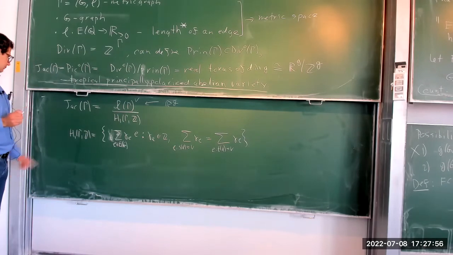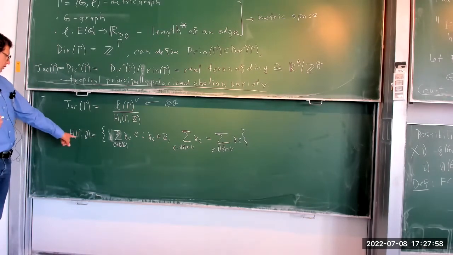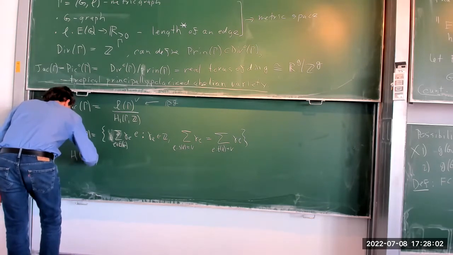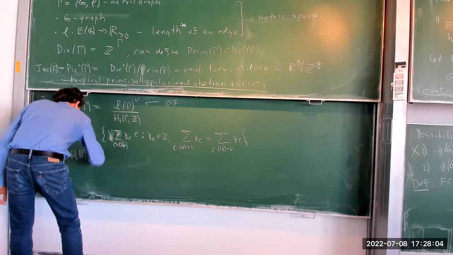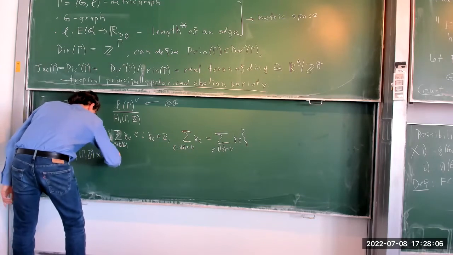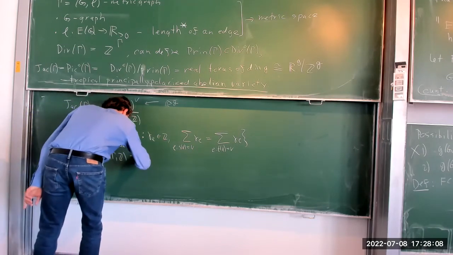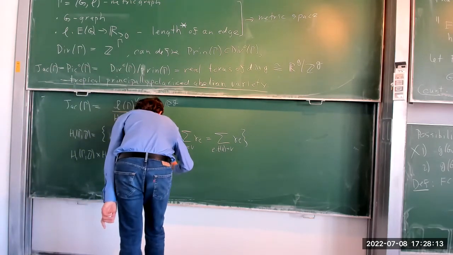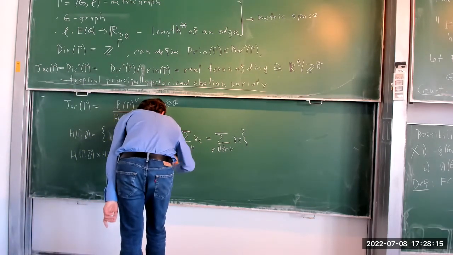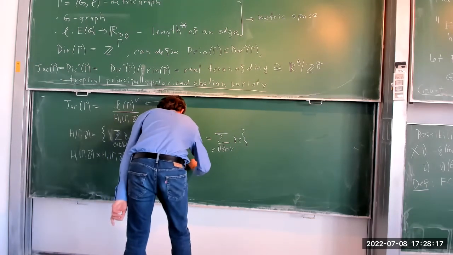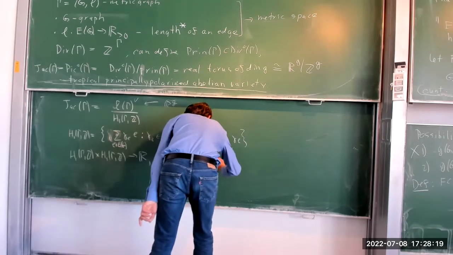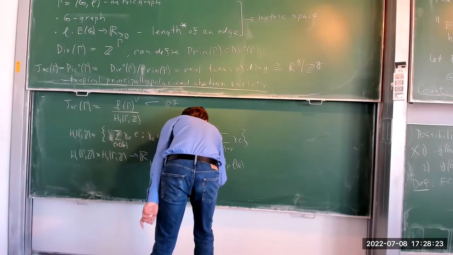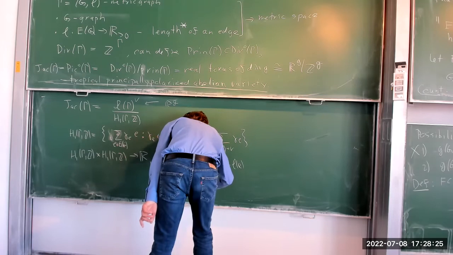orientation. And so there is a certain pairing on this lattice, H1(gamma, Z) cross H1(gamma, Z) to R, which works like this. The way I'm going to pair gamma and delta is I'm going to take the sum of gamma_e delta_e times the length of e over all e in the graph.